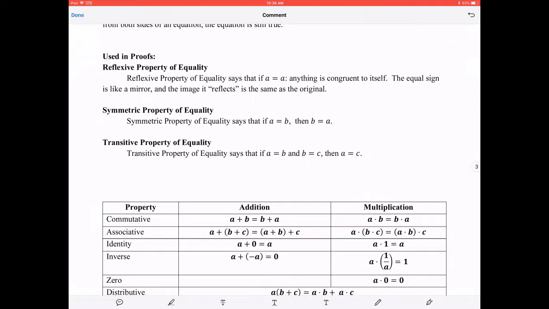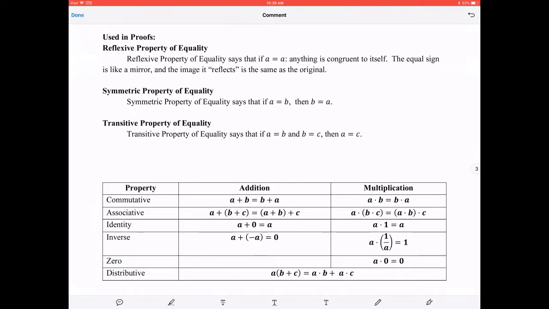All right, the next set of information that we're going to talk about here are the reflexive property, symmetric property, and transitive property. These three properties are mostly used, and I'm not going to say all the time, but they are mostly used in geometry.